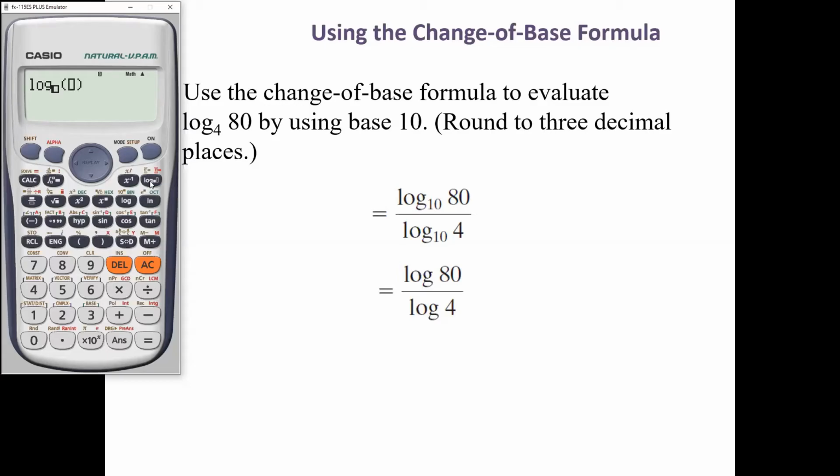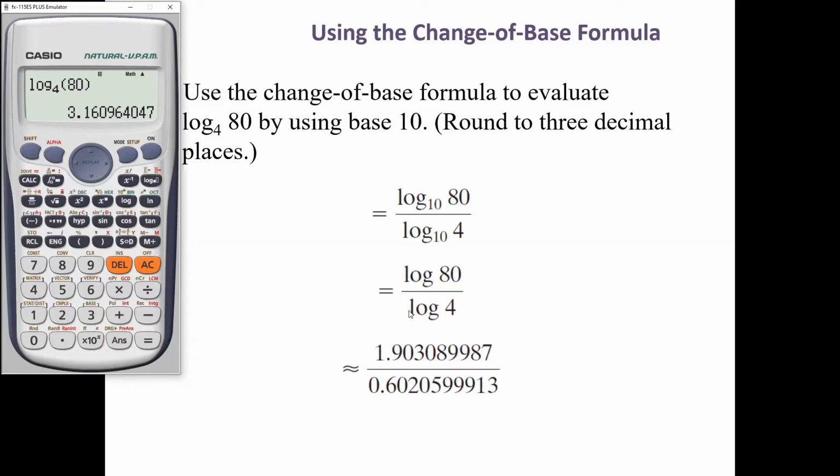Or you could just do this because log is just that. So we take log 80, log 4, go over, and 80, equals.